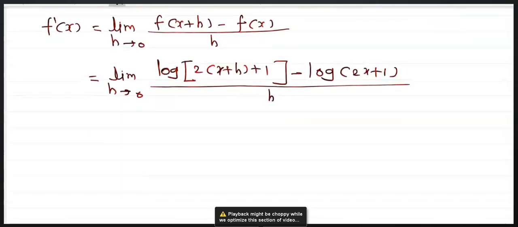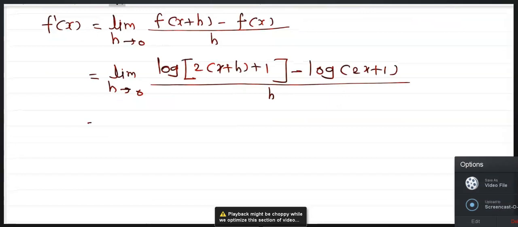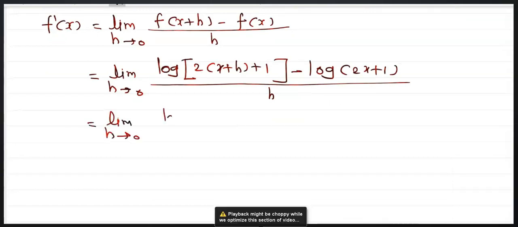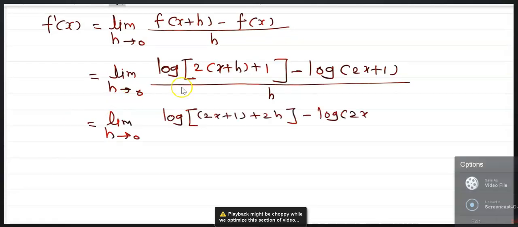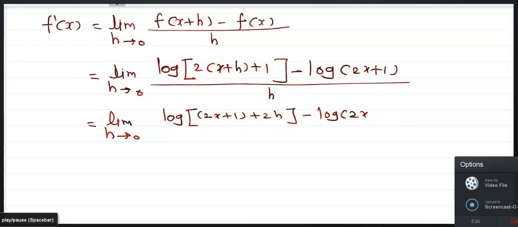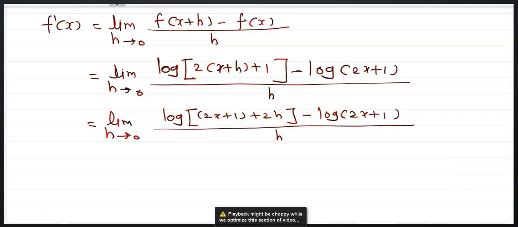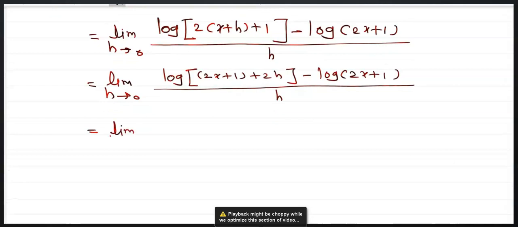And now simplify this. That is limit h tends to 0 log of 2x plus 1. This is simplification: 2x plus 2h plus 1, that is 2x plus 1 plus 2h, minus log of 2x plus 1. Therefore, limit h tends to 0 log of (2x plus 1 plus 2h) upon (2x plus 1).